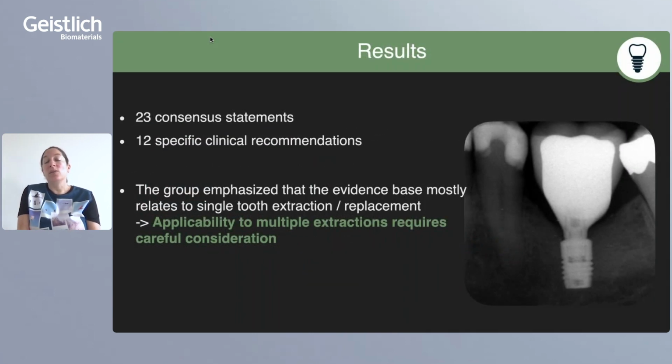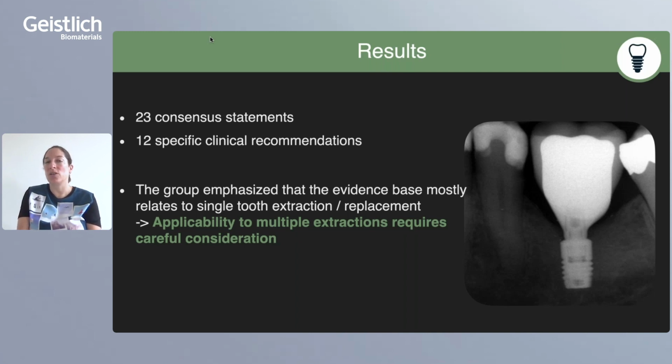So these authors have come up with 23 consensus statements. I will not read them all out to you. You can go and look them up by yourselves in a quiet moment. And 12 specific clinical recommendations. The group emphasized that the evidence base mostly relates to single tooth extraction replacement.